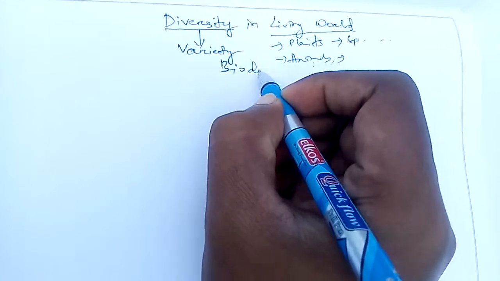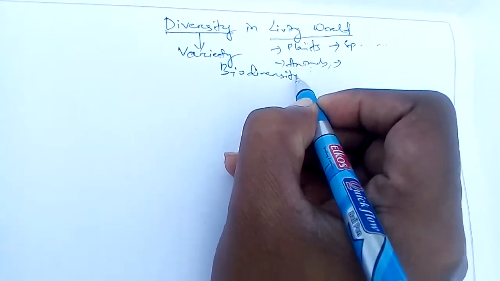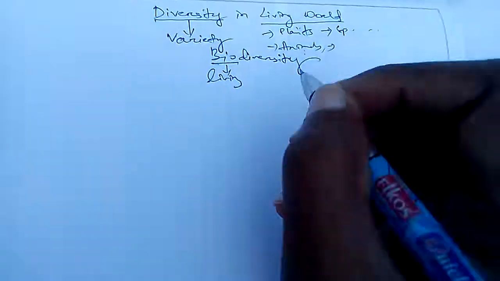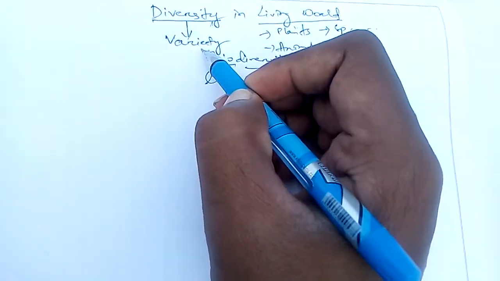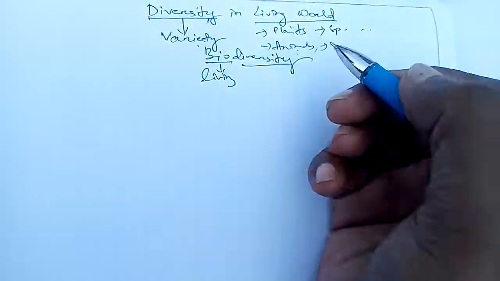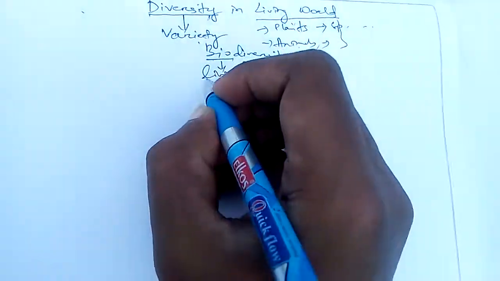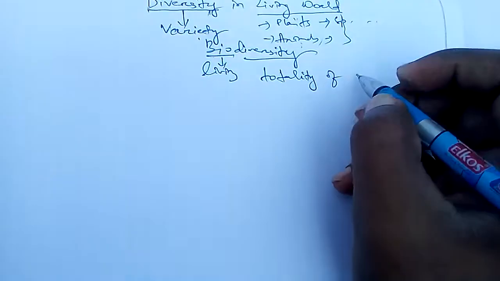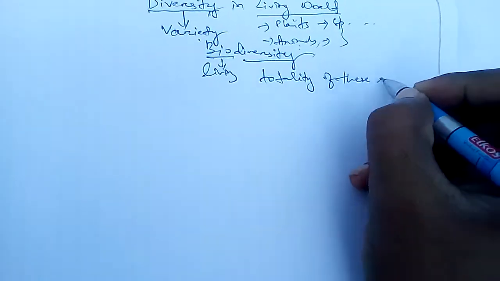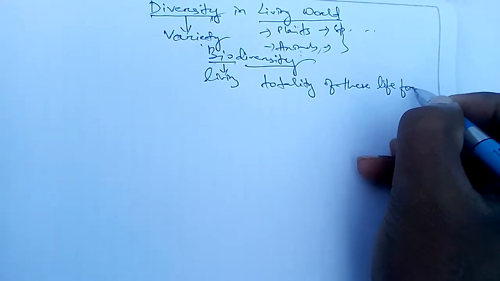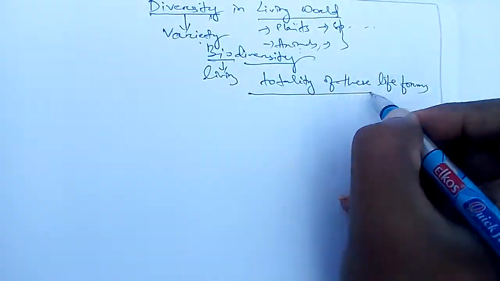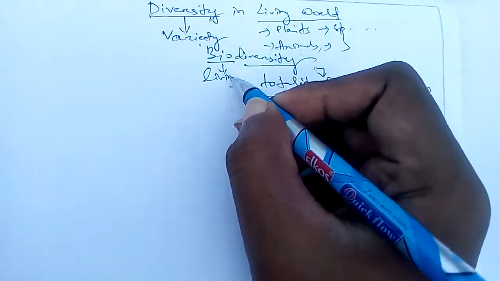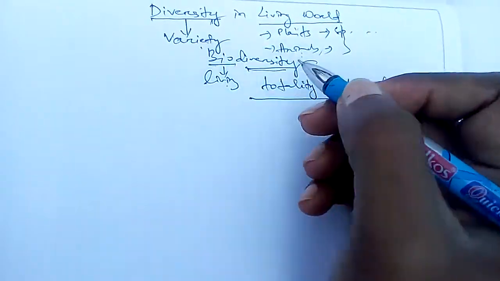See the term biodiversity. Bio refers to living and diversity refers to variety. So the totality of these life forms is known as biodiversity.